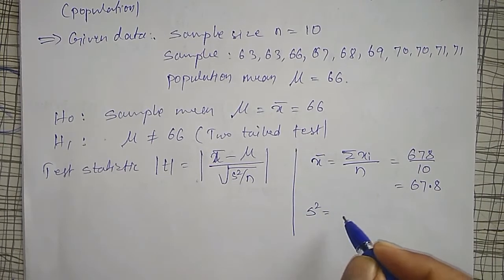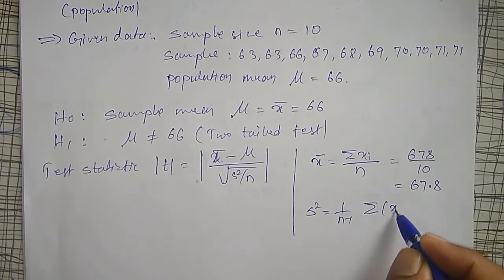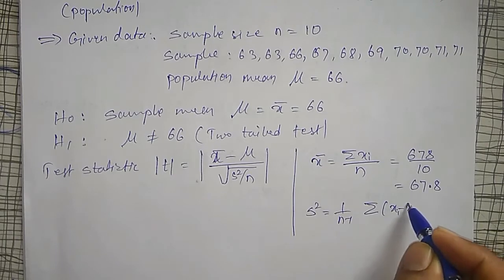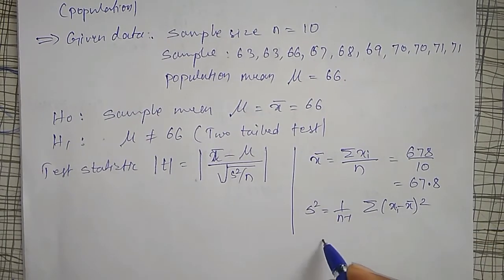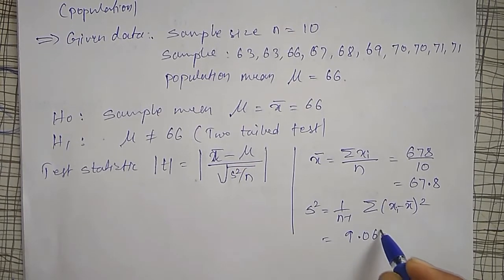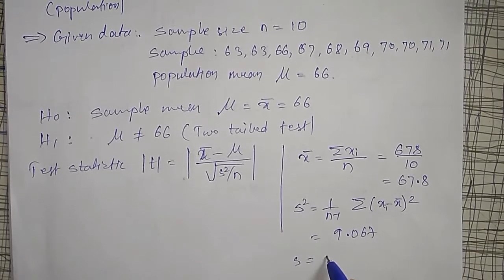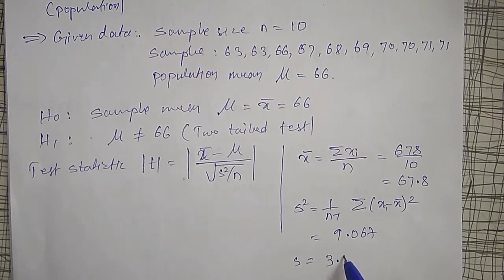S square is equal to 1 divided by n minus 1 into the summation of xi minus x bar, the square. That comes out to be 9.067, and s comes out to be 3.011. All these calculations can be done in the calculator directly.